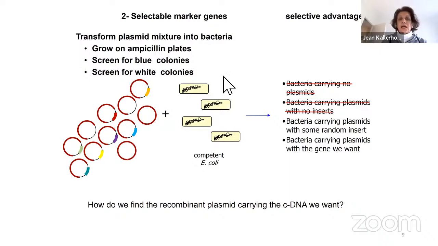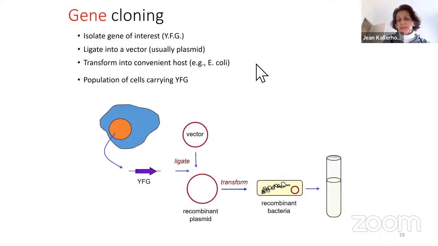So I gave this slide last week to you, but I'm giving it to you again so that you can see again that the question is about transferring a gene into a plasmid and using this recombinant plasmid to get into a bacteria.